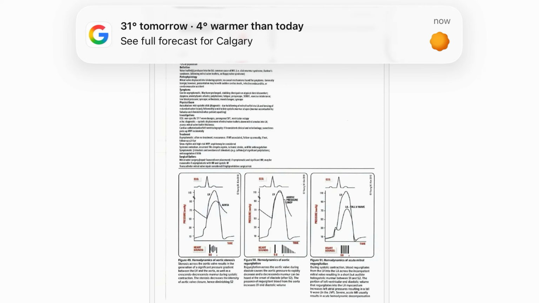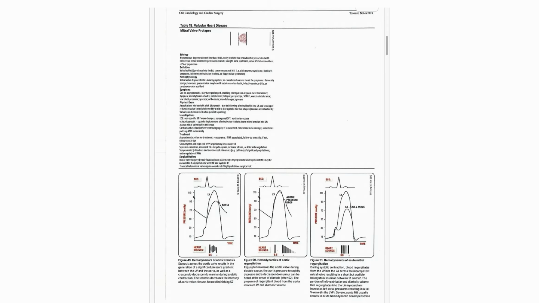In aortic stenosis, obstruction at the aortic valve creates a large pressure gradient between the left ventricle and the aorta during systole. Notice, left ventricular systolic pressure rises dramatically. Aortic pressure increases much less because blood cannot easily cross the narrowed valve.